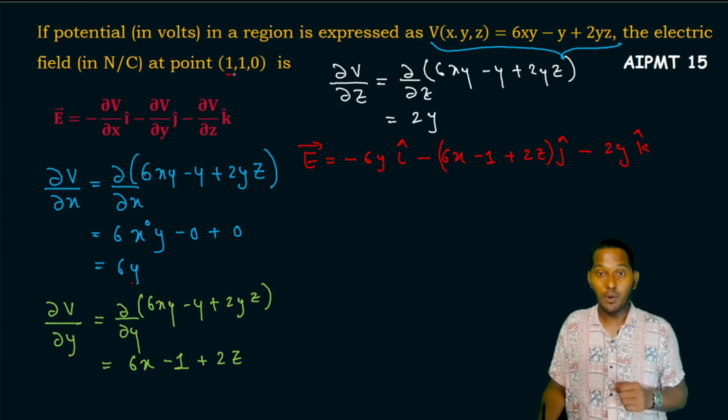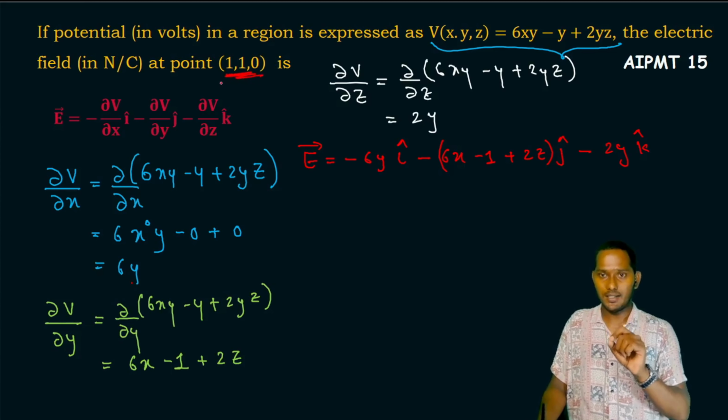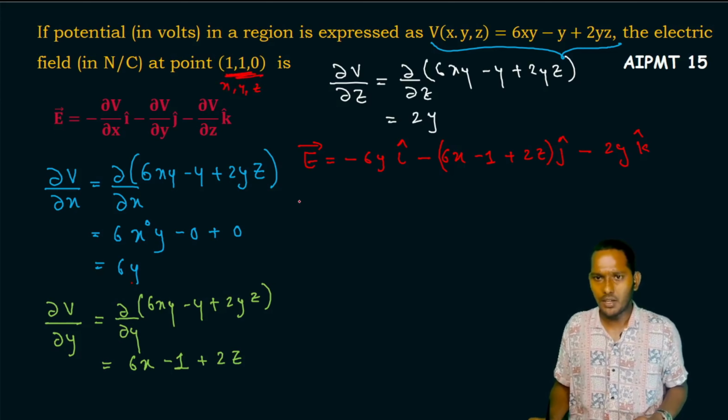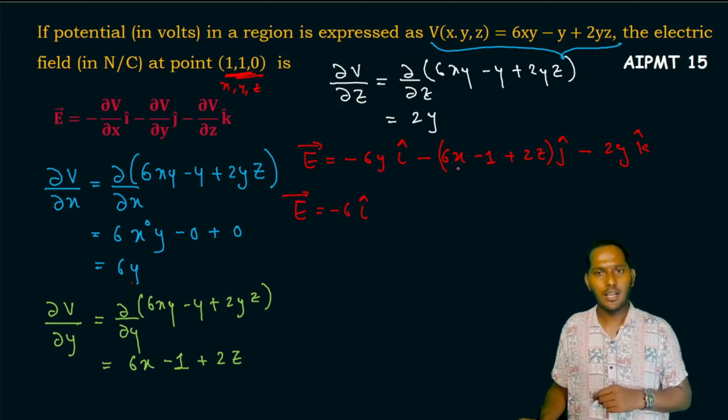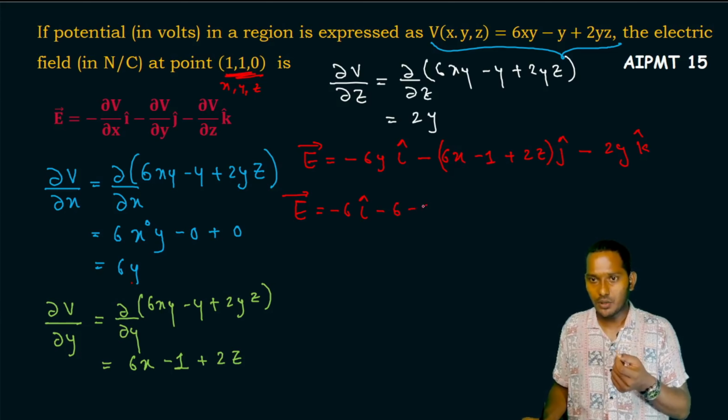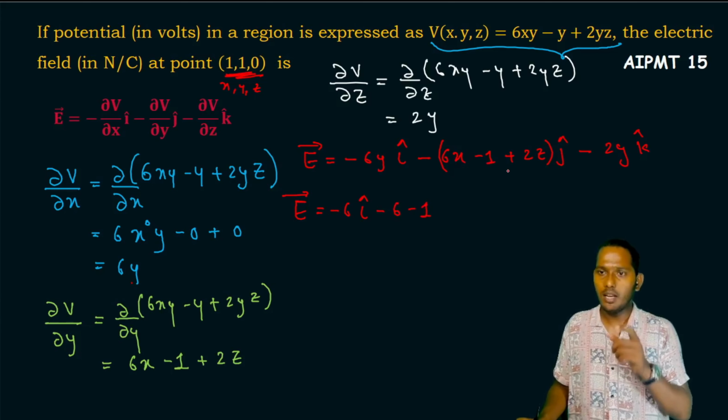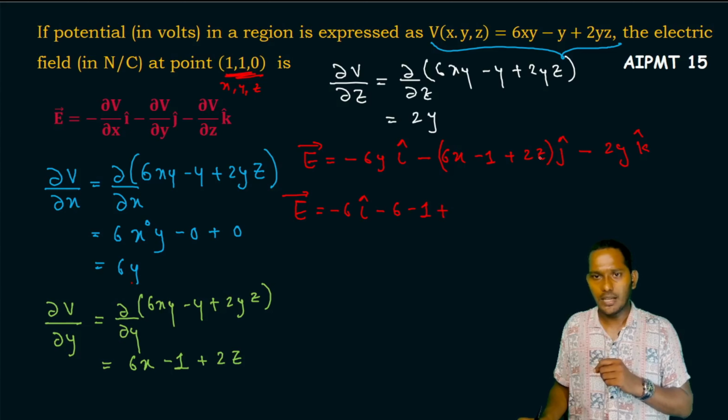Now students, we know the points 1 comma 1 comma 0, right? These are nothing but x comma y comma z. So just I have to substitute them up here. So the electric field here, when I substitute y is 1, that will give me minus 6 I cap, and here as well when I substitute x is equal to 1, that will become minus 6, and here this is also minus 1 in this case, and plus 2 times the z.